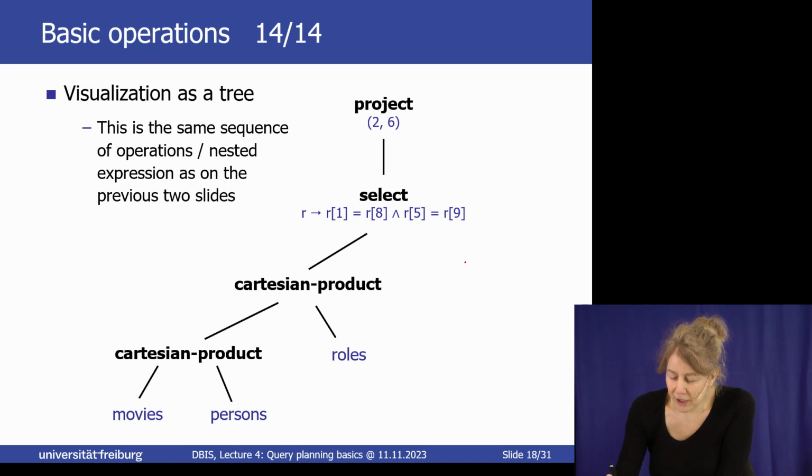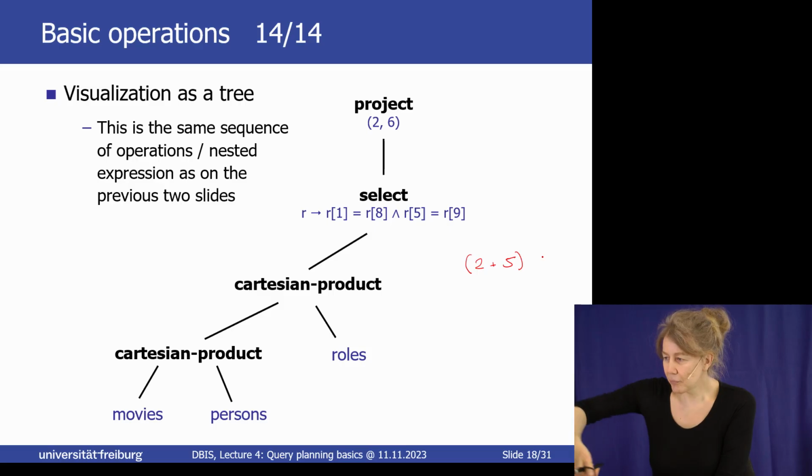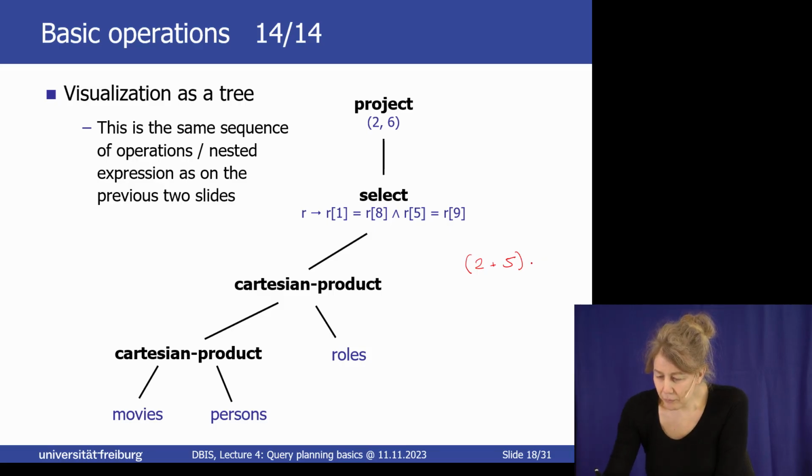Let me just do that. So 2 plus 5 times 6. So this I could show as a tree. I have a plus here, and I have 2 children. This is the 2, and this is the 5.